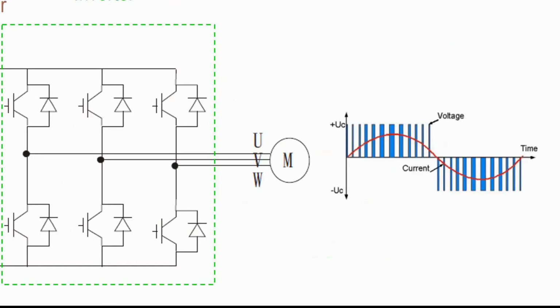In order for the fundamental frequency to have a somewhat acceptable shape, the drive needs to maintain a minimum ratio of 1 to 10 between the fundamental frequency and the carrier frequency.